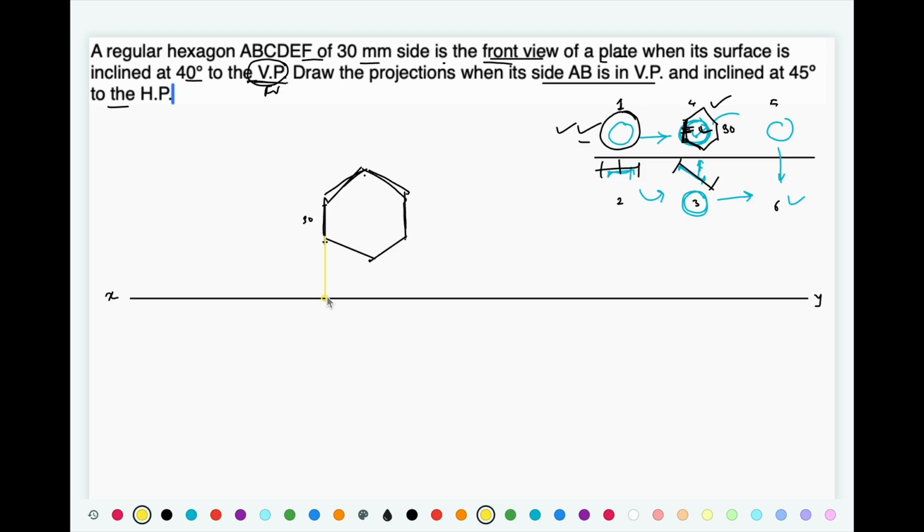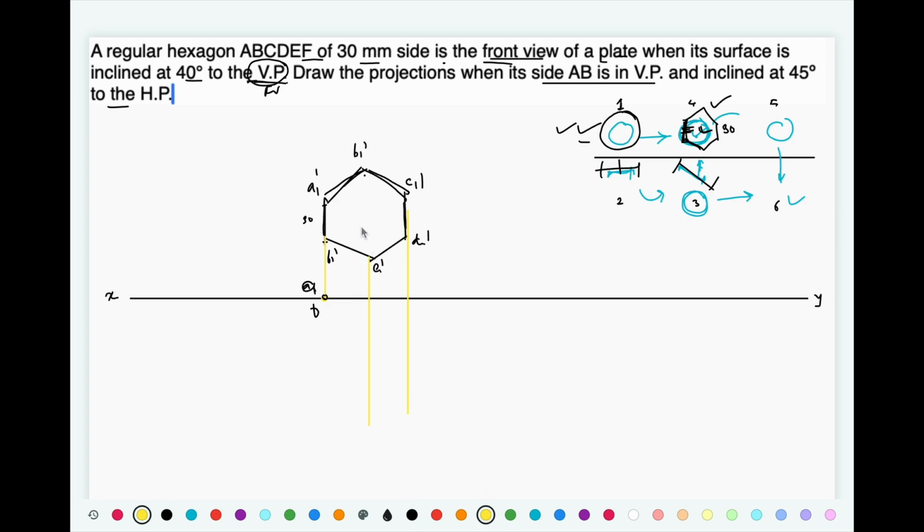So one of the ends is going to be on the XY line. This is the another projection and this is projection of the midpoint. I'll name all the points. So this is A1 dash, B1 dash, C1 dash, D1 dash, E1 dash and F1 dash. So this is going to be A and F.